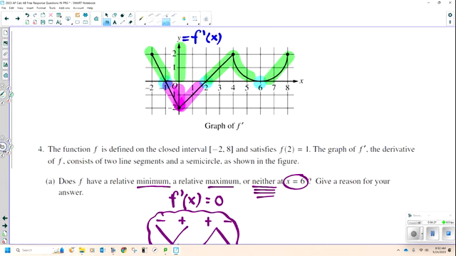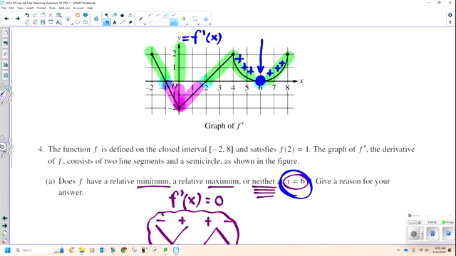So at x equals 6, right here, this point on this line, that's where my first derivative is equal to 0, so that's a critical point. What does the first derivative do before and after that critical point? Well, I have a positive y value, so I have a positive first derivative. It hits my 0, but then it stays positive.